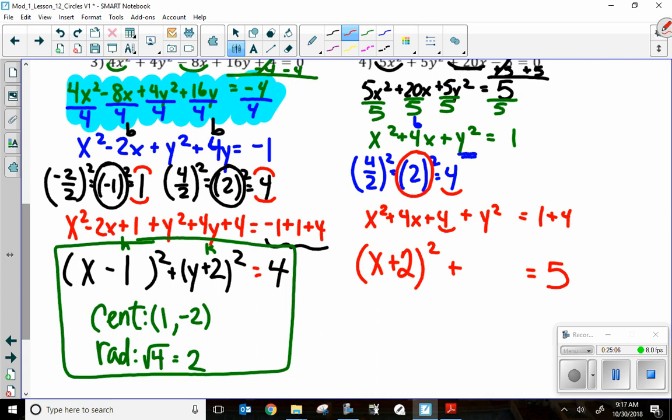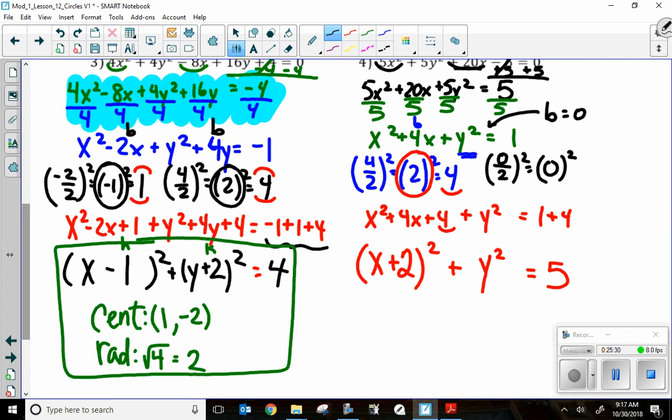Okay, but what about this y squared? It's just y squared. If you are having trouble grasping that, let's say my b value for y is 0, because I have none, right? I have nothing with a y next to it, 0. I take half of 0, and I square it.